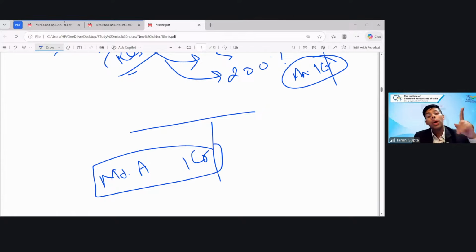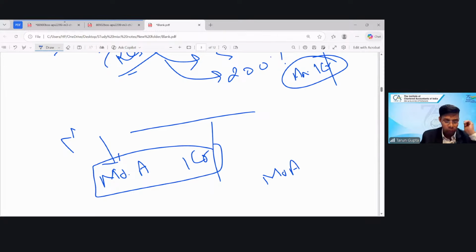You need to explain the source of this 1 crore in the hands of Mr. A, from where Mr. A got this 1 crore to advance to you. So Mr. A has given you rupees 1 crore as a loan, so he must have got it from somewhere, and you must explain the source in the hands of Mr. A also. We call it source of source.